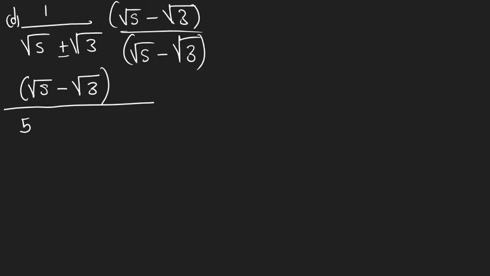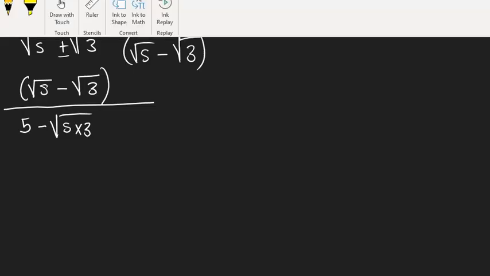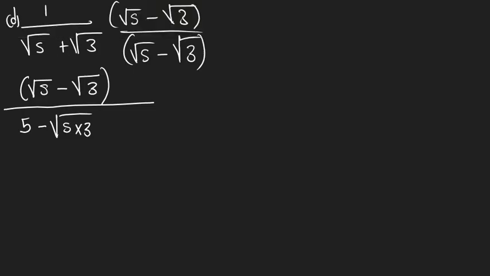Root of 5 multiplied by negative root of 3 becomes minus 5 multiplied by 3. Then positive may not bring problems. Let me just wrap that.